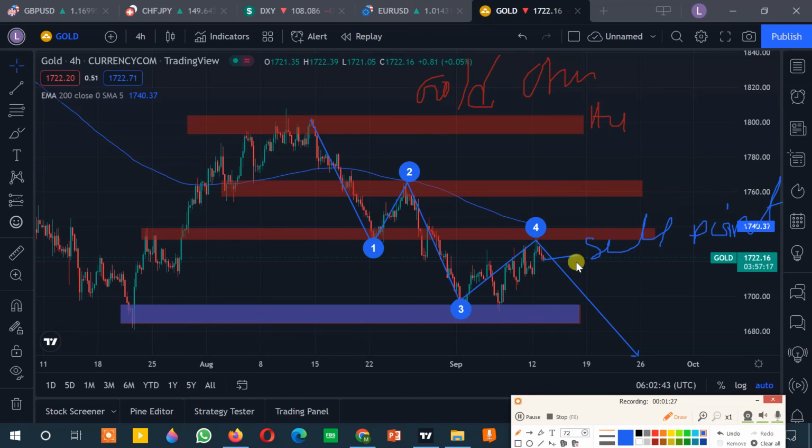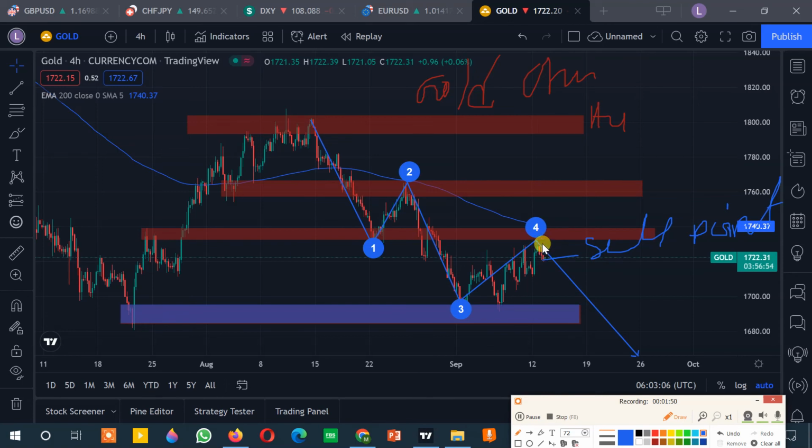So it is our time to make a selling point, because in this area more or less 4 confluences are available here. First of all, the 200 moving average acts as resistance, a horizontal resistance area.